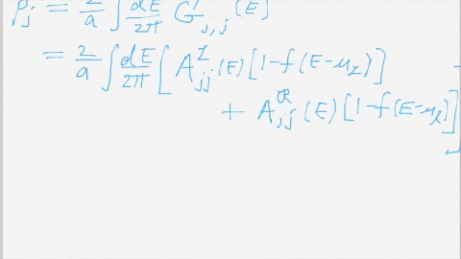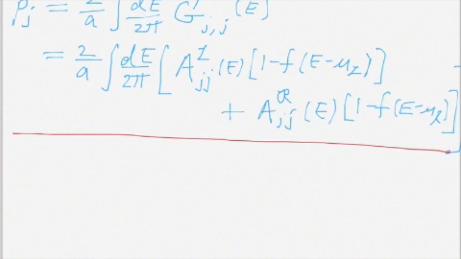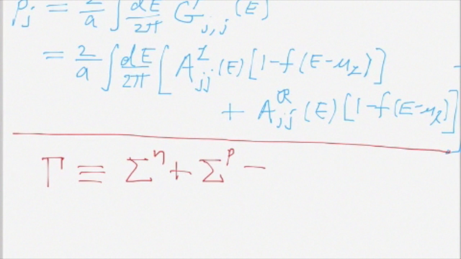And if we look at the next fundamental definition, the way we define sigma n and sigma p, then gamma, here's another fundamental relationship, always true, and you can take this as a definition: sigma n plus sigma p is equal to, how did we define it before, I times sigma r minus sigma a.